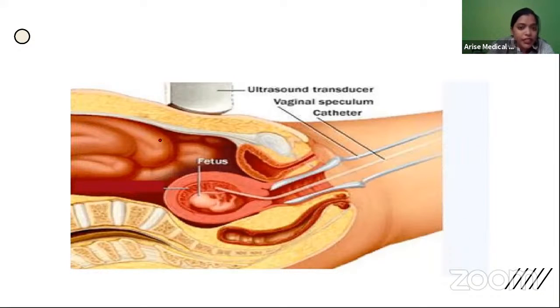If you're observing, there is an ultrasound, and on ultrasound there's a needle going to the placenta and they're taking the tissue. Very good. This is chorionic villus sampling, right?